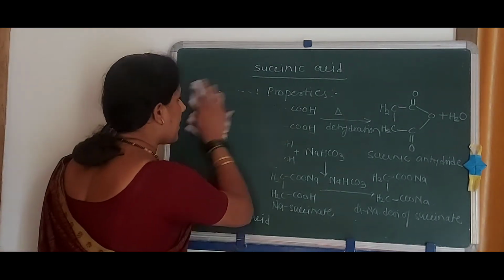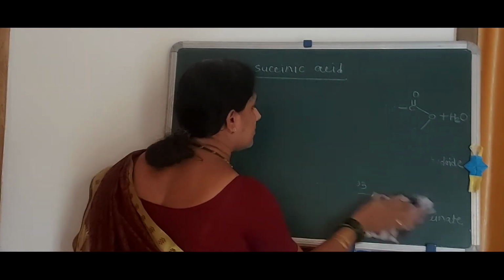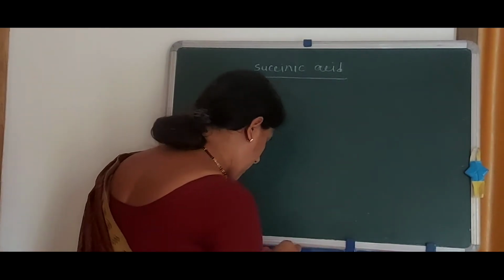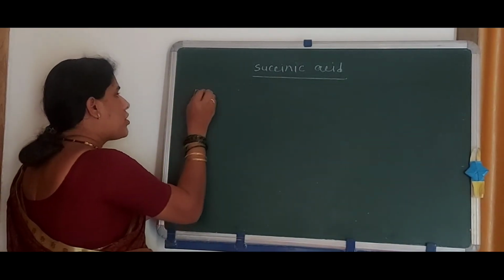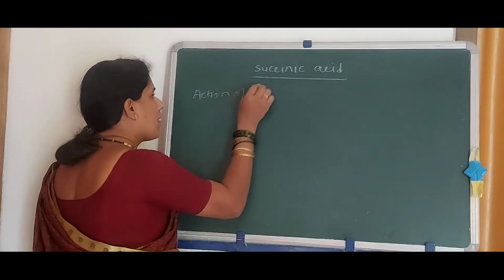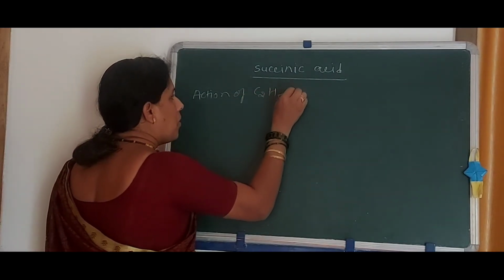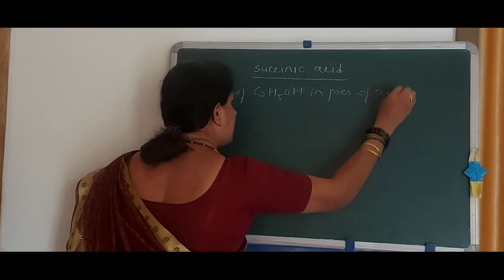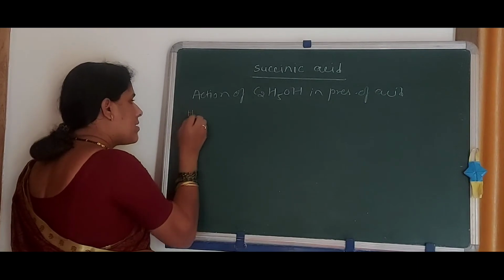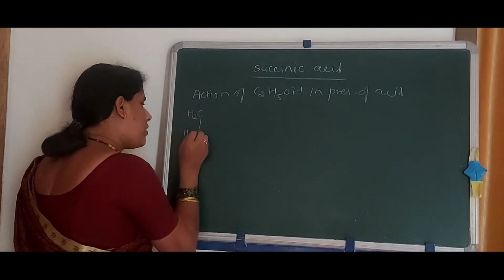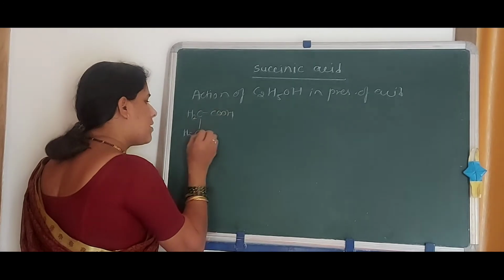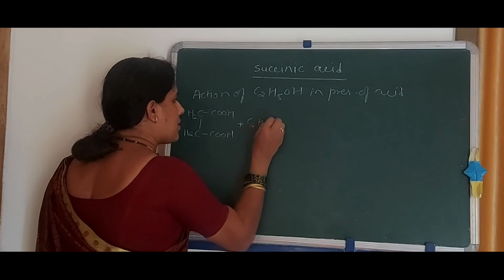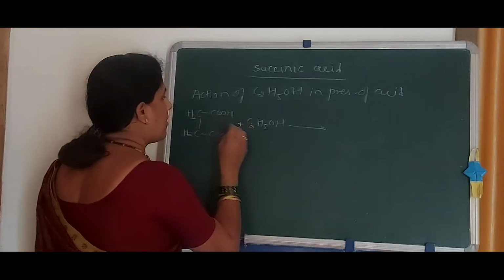You can see here the fourth reaction. Action of C2H5OH in presence of acid. CH2, CH2, COOH, here also COOH plus C2H5OH undergoes here, what here?